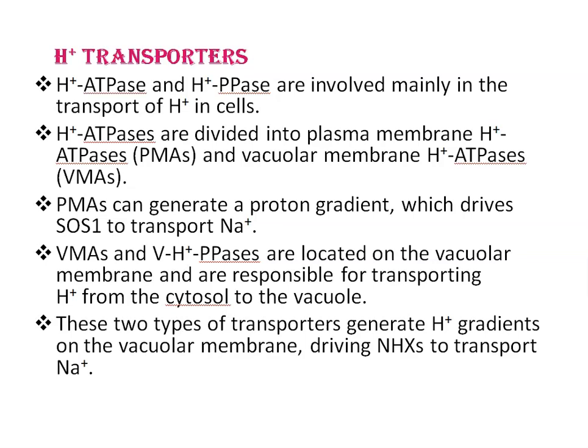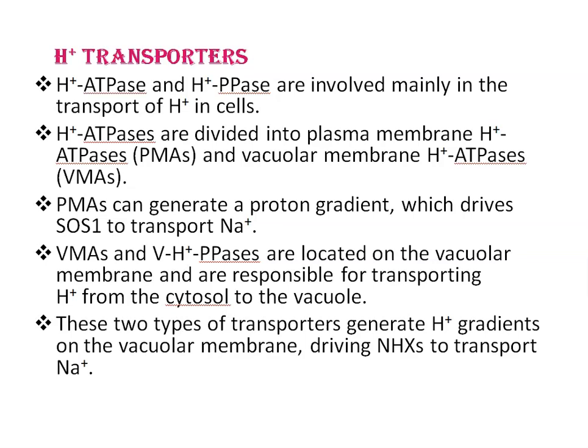Actually, hydrogen atoms lose electrons to form proton, which can regulate the pH inside plant, promote plant growth and development, and improve nutritional quality. PMAs can generate a proton gradient, which drives SOS1 to transport sodium ions.